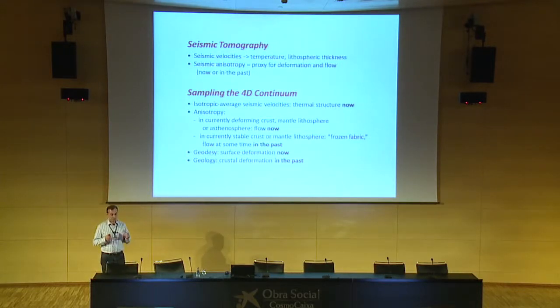To that, we can add geodesy, which gives us surface deformation today. The geological record gives us incomplete but valuable samples of how the crust deformed in the past, and we can try to reconstruct what happened.